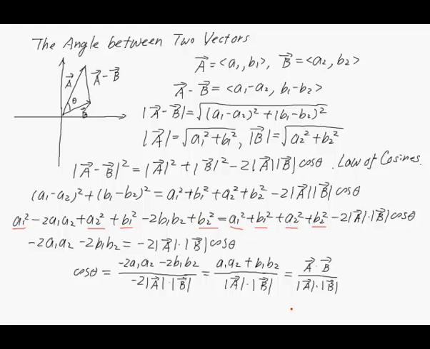So now we get the formula for the angle between the two vectors. The cosine of this angle theta is equal to the dot product of these two vectors divided by the product of their magnitudes.